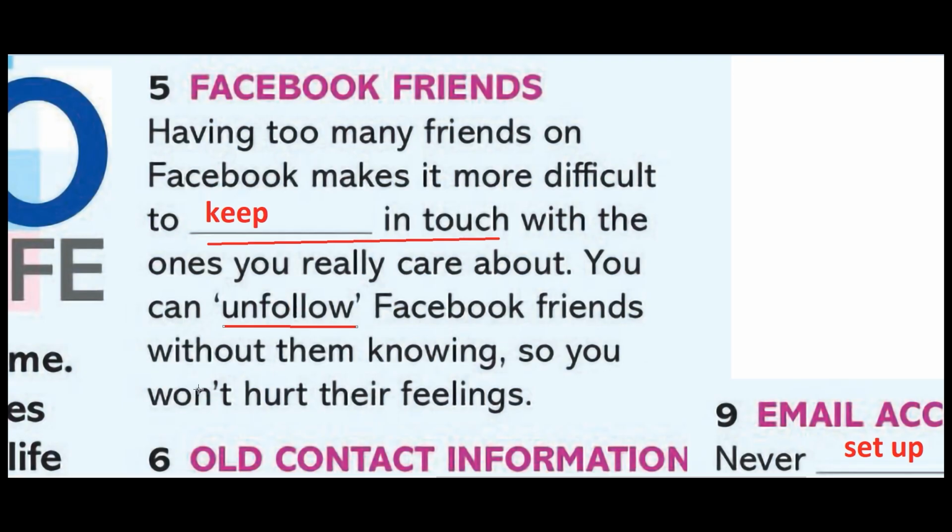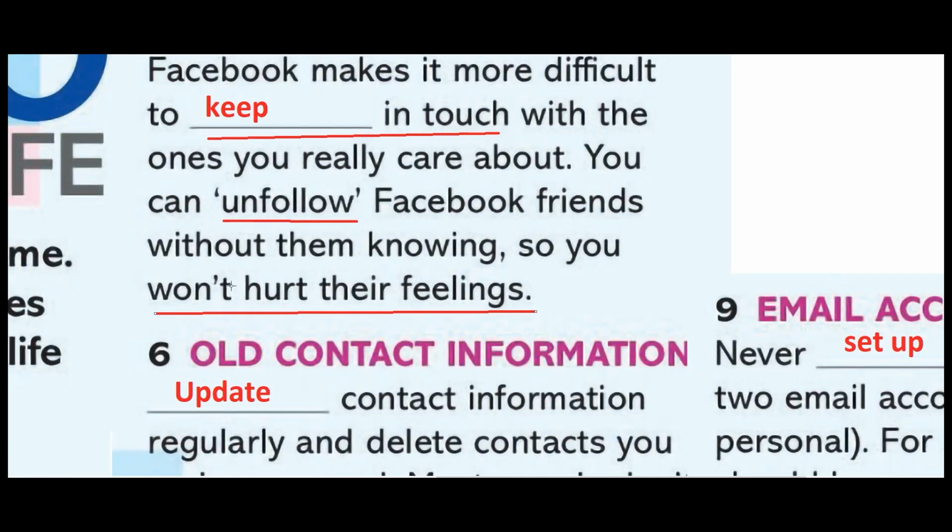Таким образом вы won't hurt their feelings, имеется в виду, вы не обидите их, не заденете их, плюс-минус. Ладно, надеюсь, мысль понятна. Вообще hurt — вредить, и feelings — чувства.